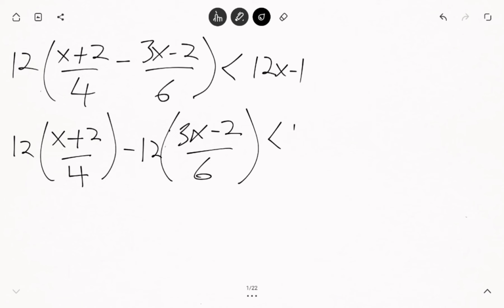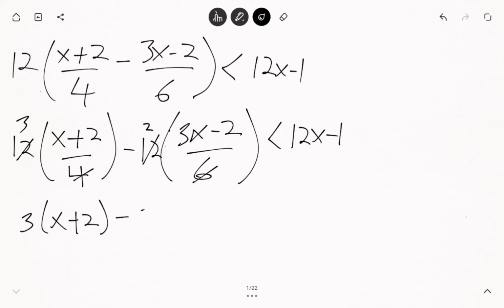Then we have less than 12x minus 1. So we can see that 4 divides 12 3 times. So we have 3 outside bracket x plus 2, minus, 6 will go into 12 2 times, so we have 2 outside bracket 3x minus 2, is less than 12x minus 1.